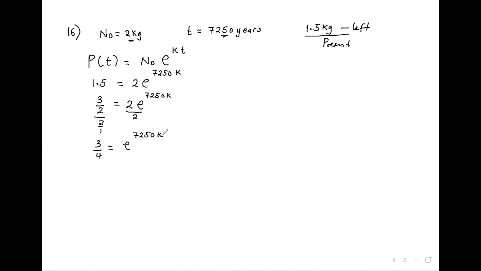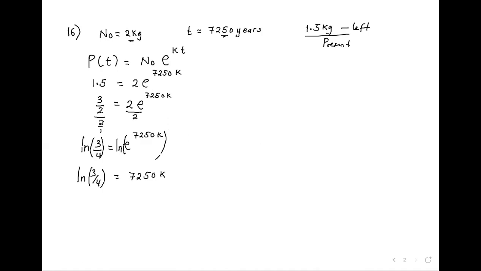Then we apply ln, ln this side, apply ln this side. Wow, wonderful. Once we have ln, you know why you like ln? Because ln has the power to drop powers. So that power now comes down: 7,250k multiplied by ln e. ln e is just log e base e, which is just 1, so don't even write it.